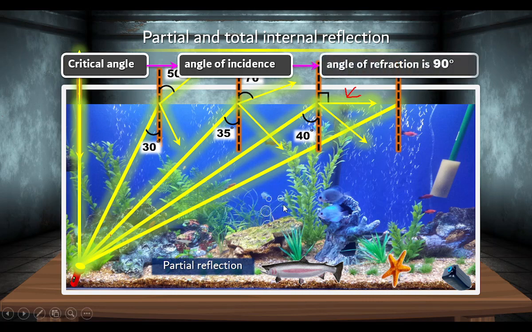Let's see how. Here you can see 45 degrees. Now what you can see is called total internal reflection. Earlier the arrows were not so bold.